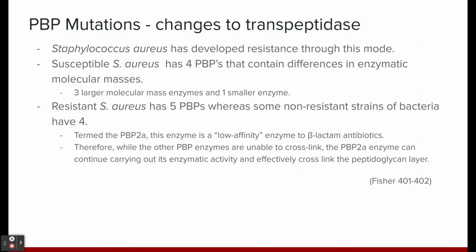So let's look at the first mode, which is PBP mutations. I'm going to look at a specific example, Staphylococcus aureus, which has acquired resistance through a penicillin binding protein mutation.